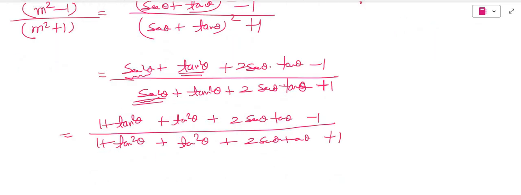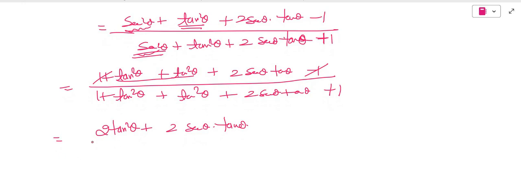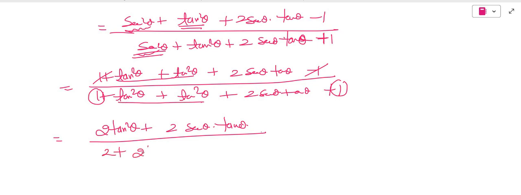Here this 1 is cancelling, this 1 is cancelling. And what is this plus this? I am getting 2 tan square theta plus 2 sec theta tan theta. Okay? And what are we getting here? Divided by, we are getting 1 plus 1 is 2, plus 2 tan square theta plus 2 sec theta into tan theta.